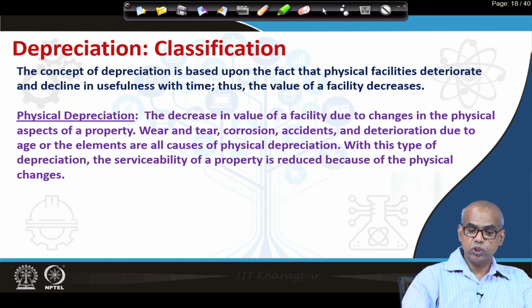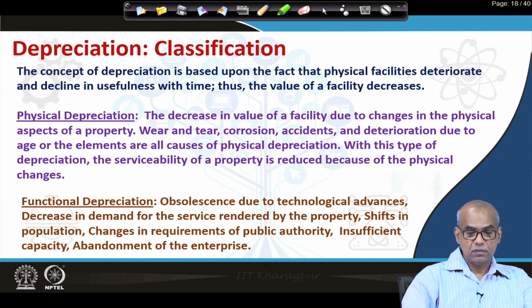Wear and tear, corrosion, accidents and deterioration due to the age or the elements are all causes of physical deterioration. With this type of depreciation, the serviceability of a property is reduced because of the physical changes of the facility.